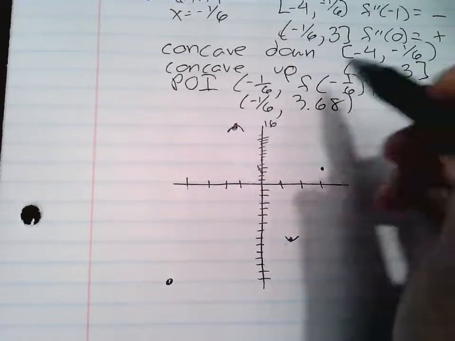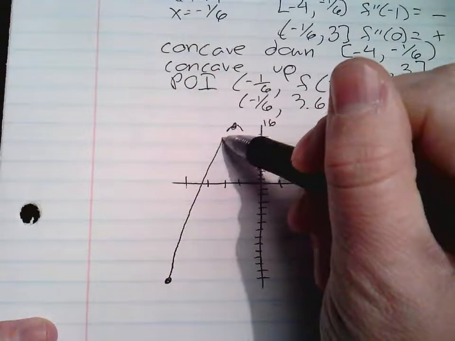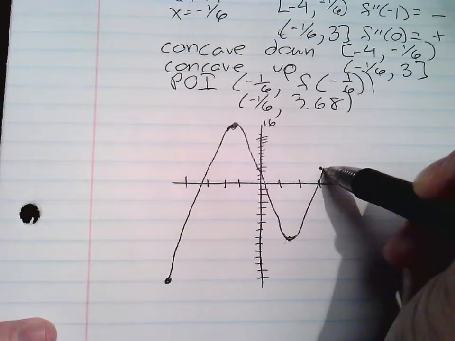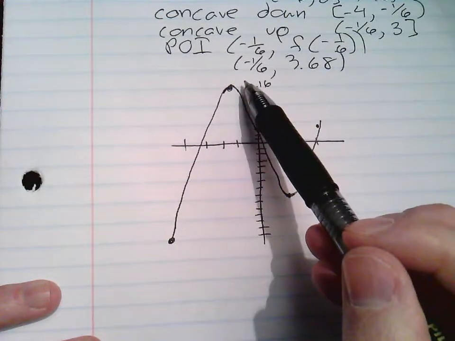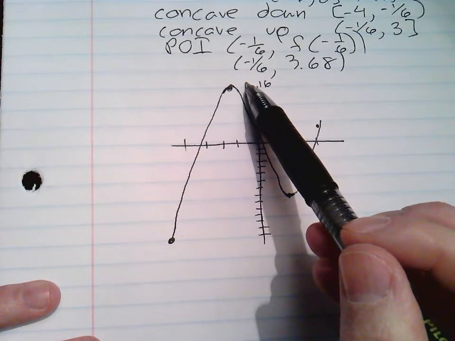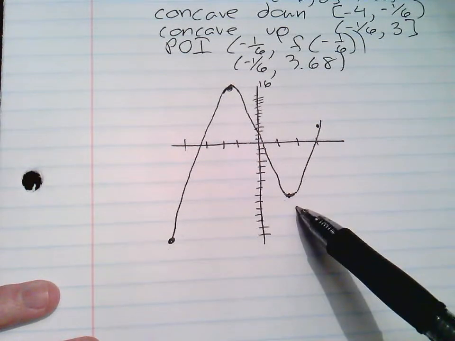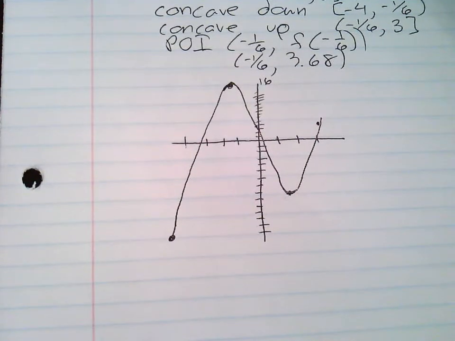So this is what your graph is going to look like. I'm not concerned about zeros, as you can tell. That's where your absolute min is, and that's where your absolute max is. Then you have local min, local max, local max. Okay, and that is your midterm review.